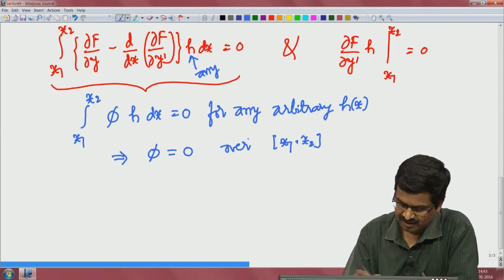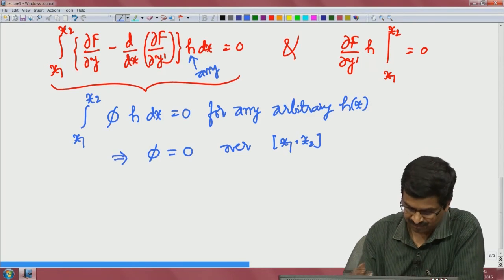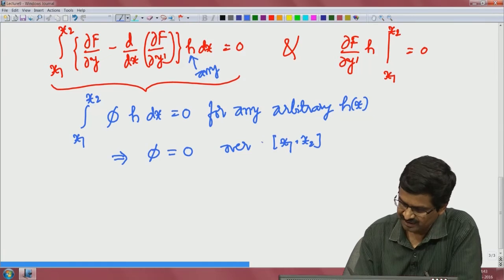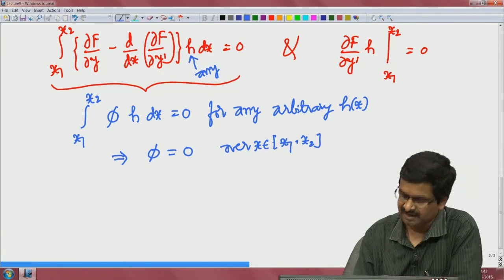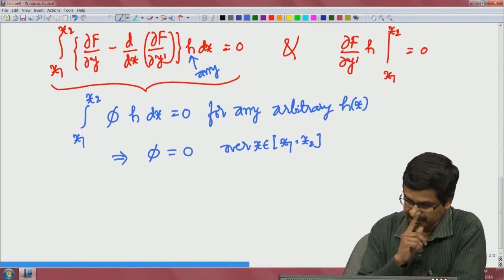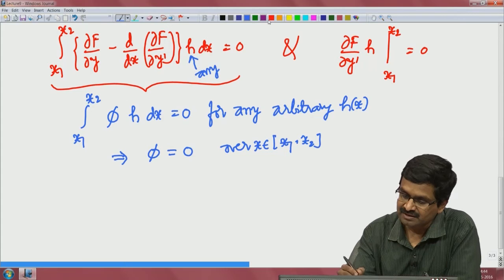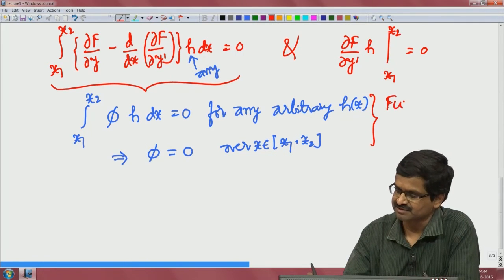So, for phi, which is a function of x, or this integrand part of it, for x that belongs to this interval, it should be equal to 0 everywhere. You have to think about this. This is called the fundamental lemma of calculus of variations.